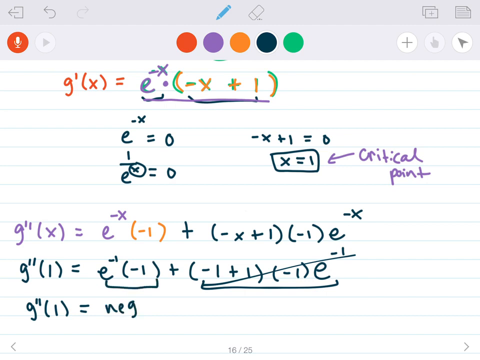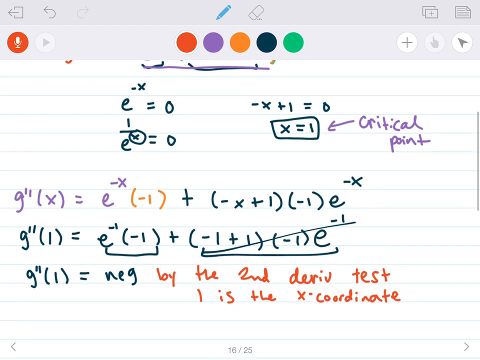And so since this is negative, by the second derivative test, this is a local max.